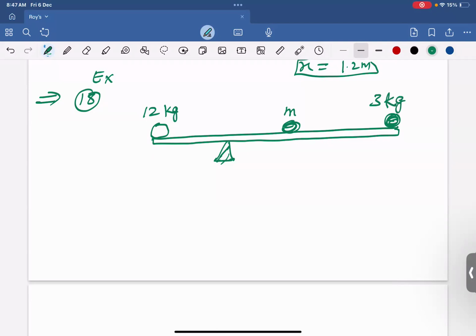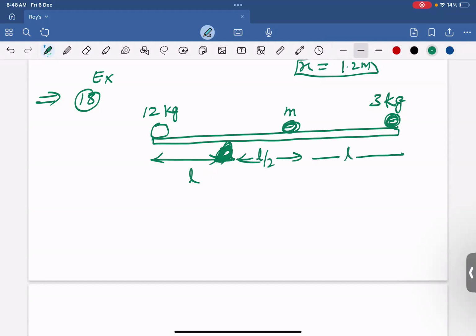This distance is given L. Support is here only, L. And then this is given L by 2. And from there it's given L.